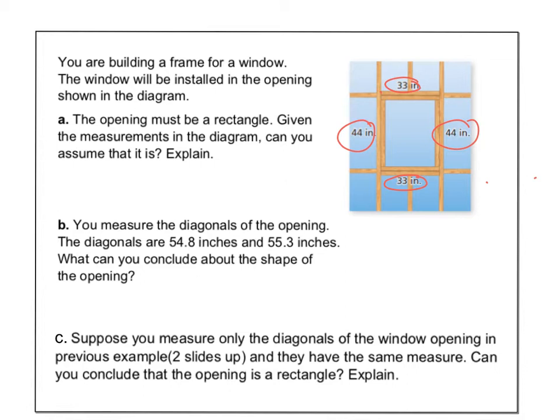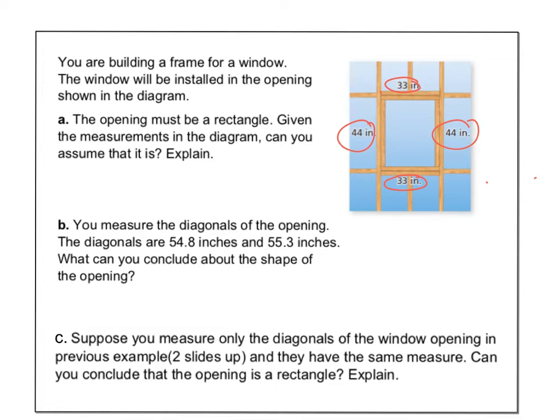So we know the properties of a rectangle is that they're a parallelogram, so opposite sides are congruent. So we know for sure we've got a parallelogram. But what we are missing is the fact that the frame has 90-degree angles. It's not shown in the picture, so we can't assume that.